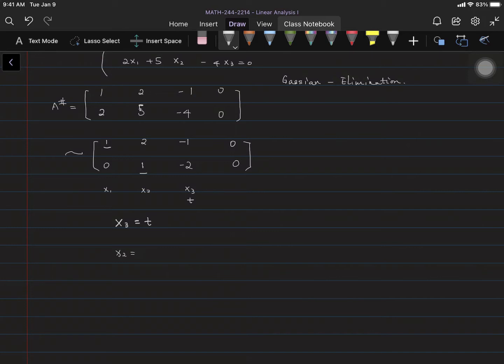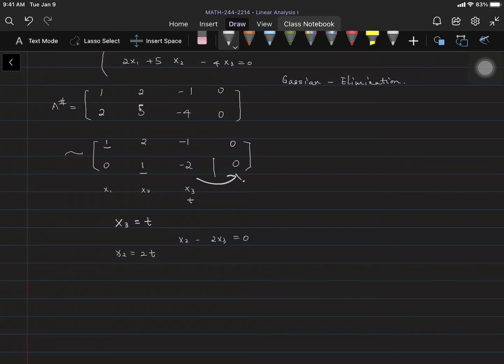x2 equals what? From the second row, you can see x2 minus 2x3 equals 0, right? So in the future, you can just look at the second row as an equation. When you move it, you change this to positive 2t, so x2 equals 2t.